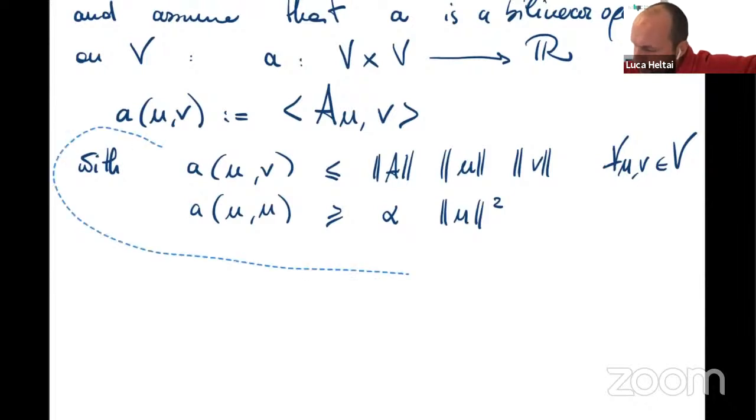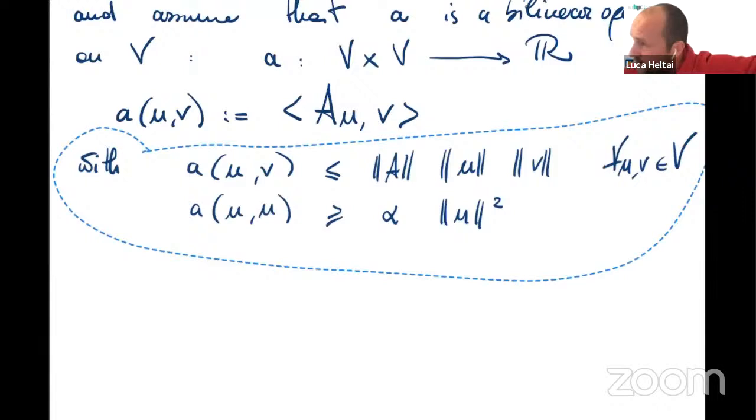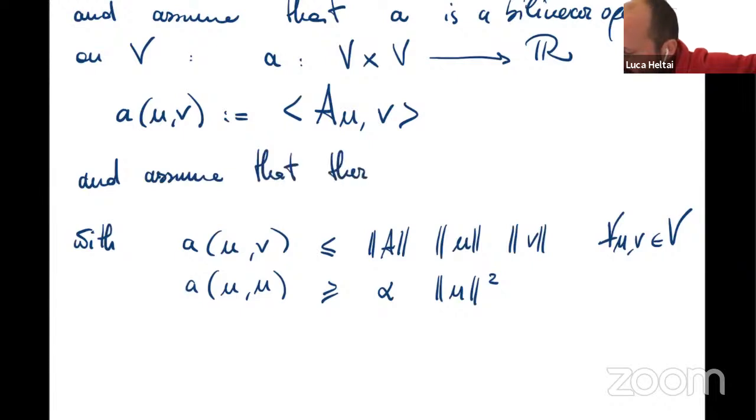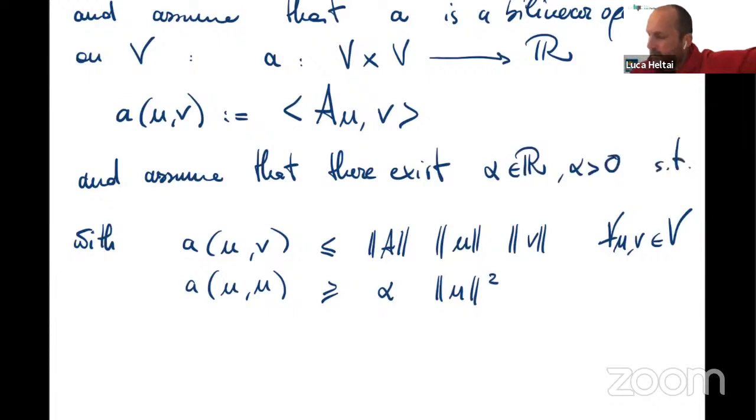To understand this better, we say: assume that there exists alpha in R greater than 0 such that this is satisfied.